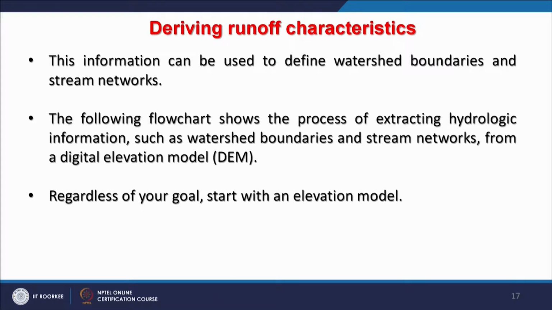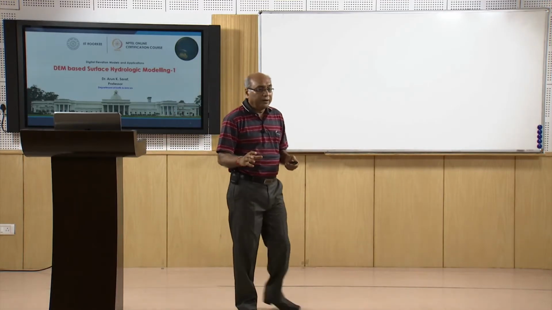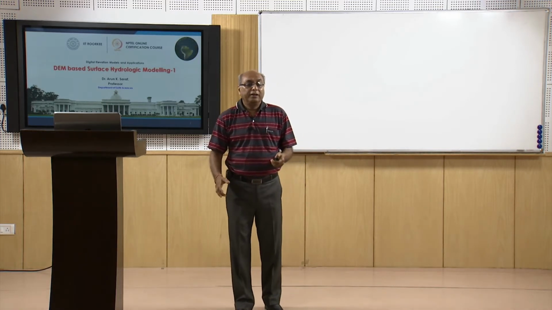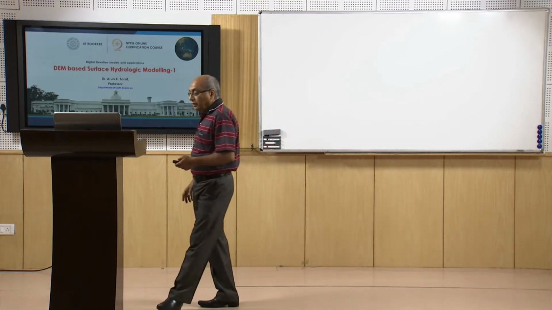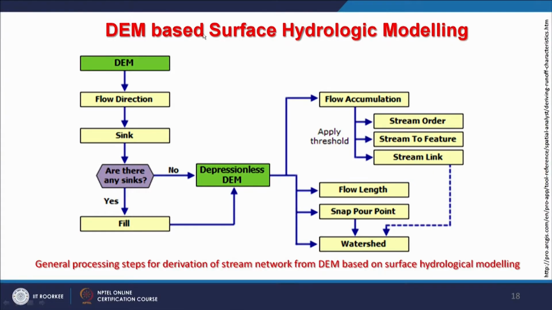We always start with the digital elevation model, whatever the ultimate derivative we are targeting. This is based on which cell the water will flow from and to, and this will decide the direction. So, this is a repeat of the flow direction flow chart. After having a depressionless DEM, a flow accumulation theme is calculated.